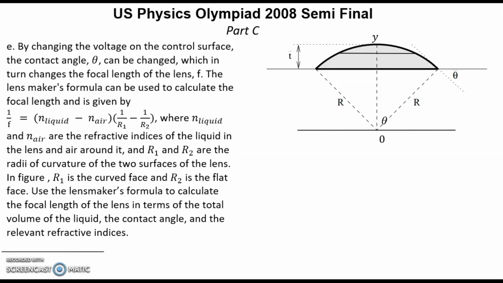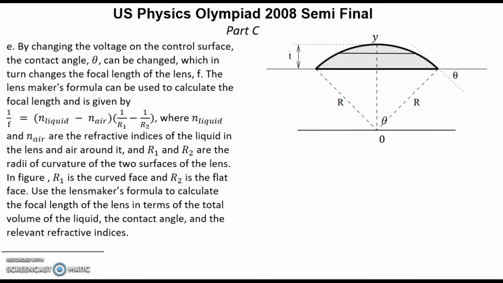In the figure, r1 is the curved face, which is r, and r2 is the flat face, where r2 equals infinity. Use the lens maker's formula to calculate the focal length of the lens in terms of the total volume of the liquid, the contact angle, and the relevant refractive indices.